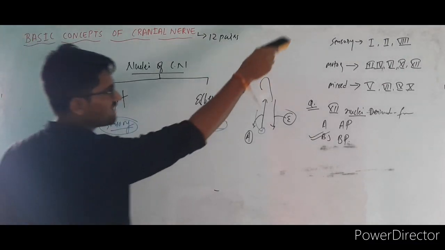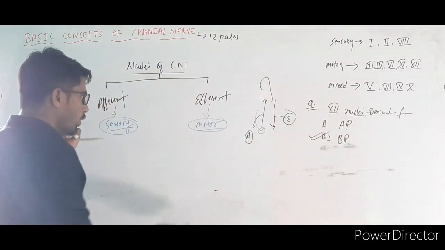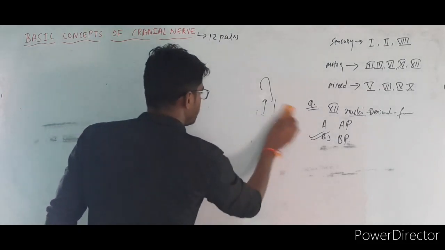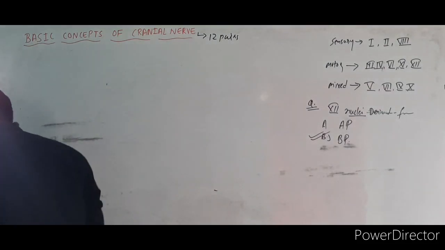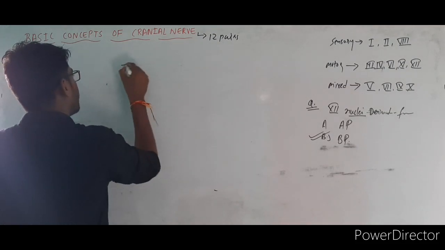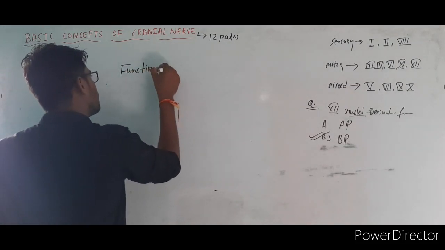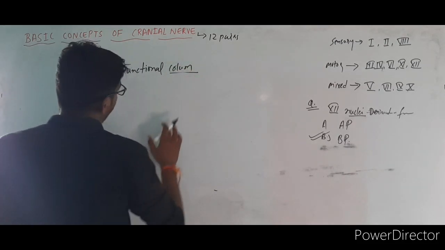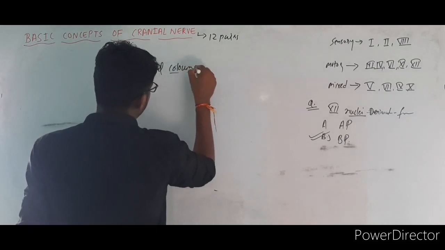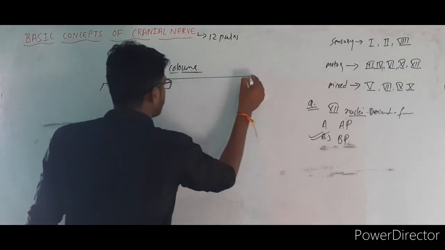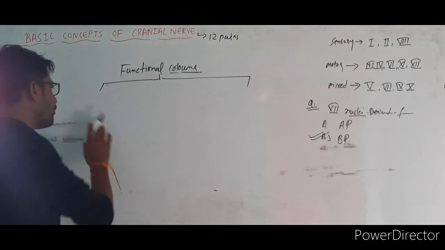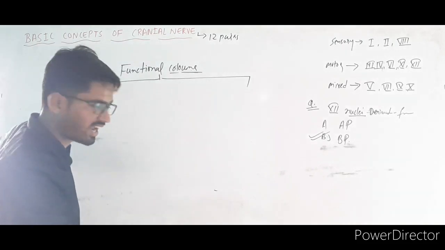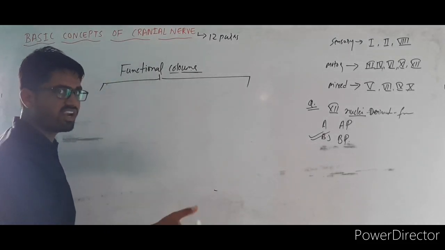Now after that, the sensory, motor and everything you have to know, right? Now I want to talk about the functional columns. There are two types of functional column, efferent and afferent.